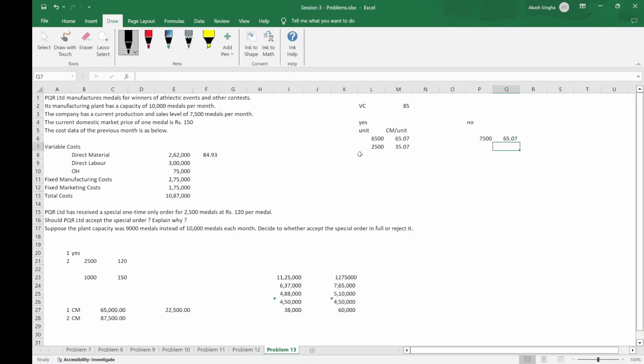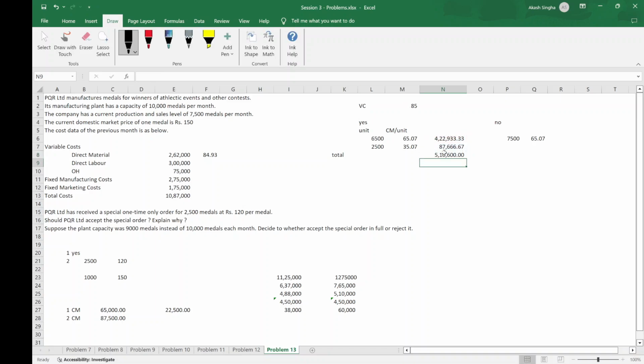Okay. So what will be the total? It equals 6500 into the margin, and 2500 into this.